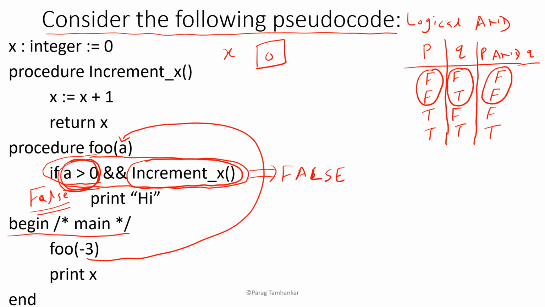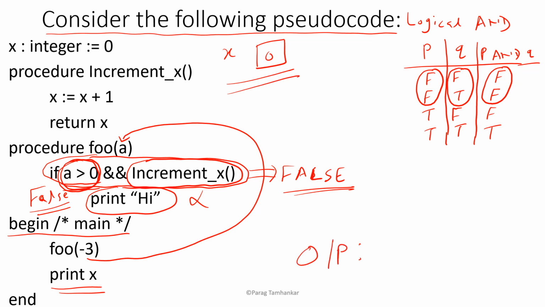And since entire if condition results in false, this hi message will not be displayed, and we will come out of procedure foo, and now we print the value of x, and x is still at its original value.